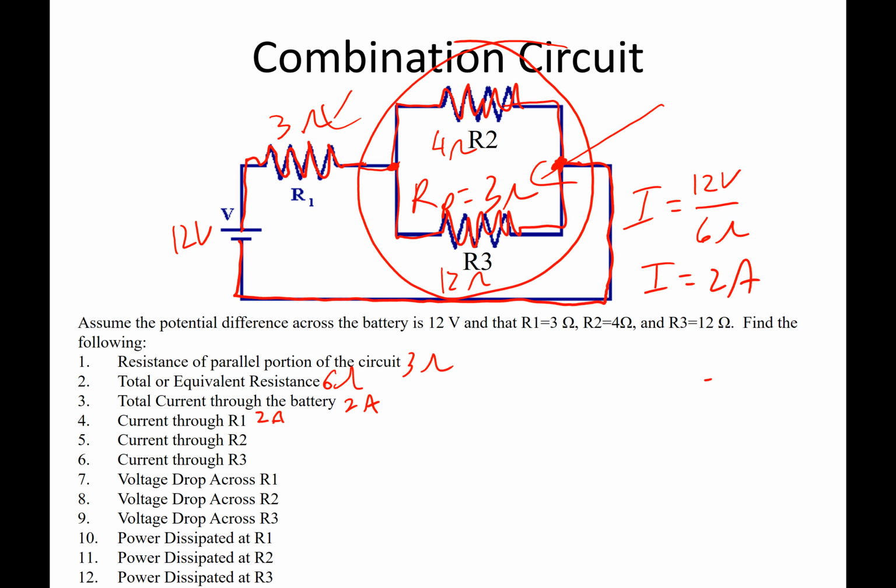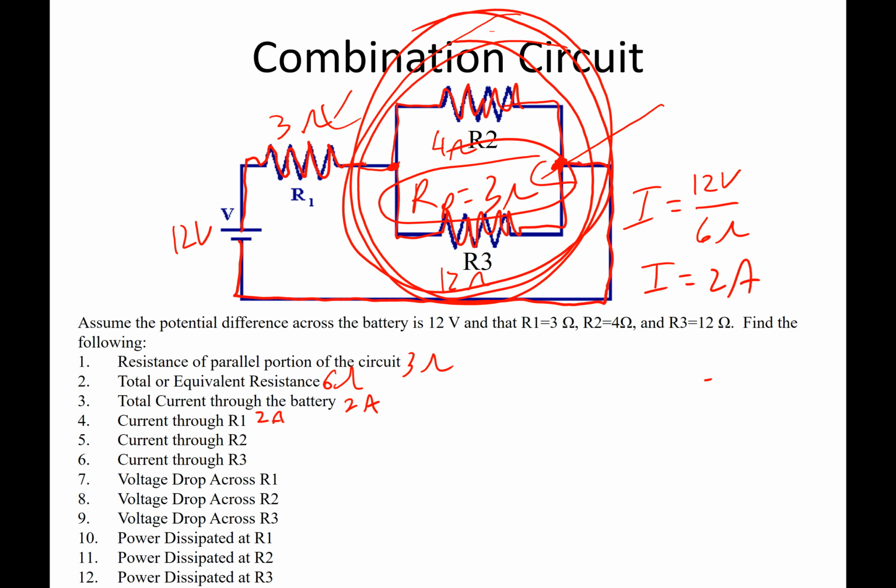To find the current through R2 and R3, the first thing that we're probably going to want to do is to find the voltage drop across the parallel part of the circuit. So again, we're going to think of this as one series resistor with a resistance of 3 ohms. All the current goes through that parallel part of the circuit.